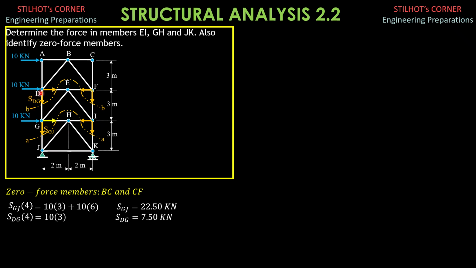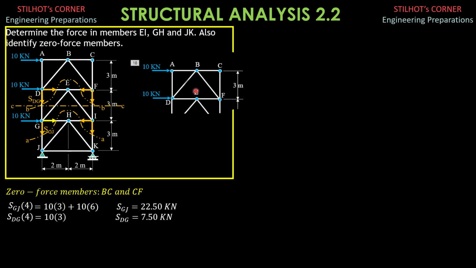Then having found SDG, next is to solve for SGE by considering this sectioning here, C-C, and we consider forces above C. For you to clearly see the free body diagram and the forces involved, let's have another figure here, and let's put the unknowns as well as the knowns.